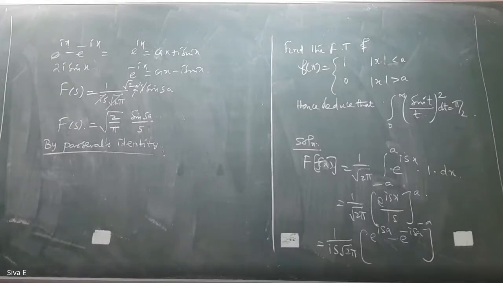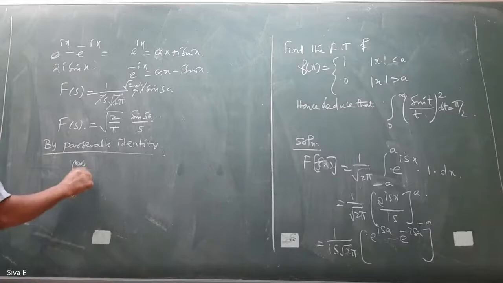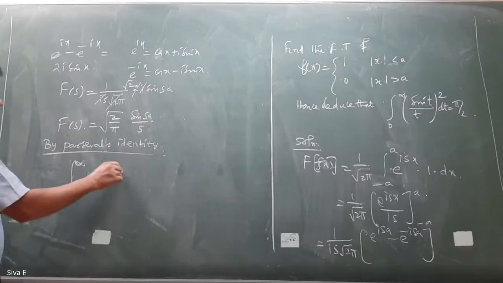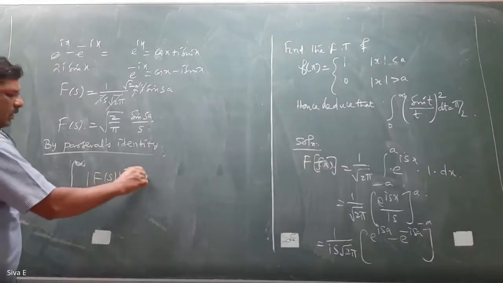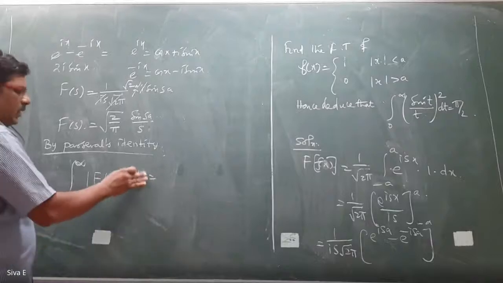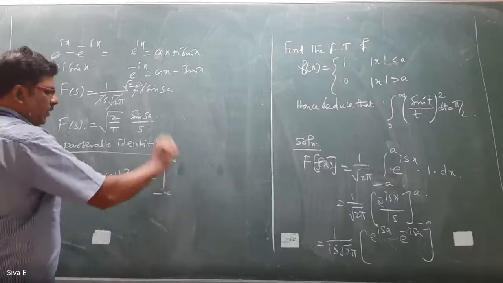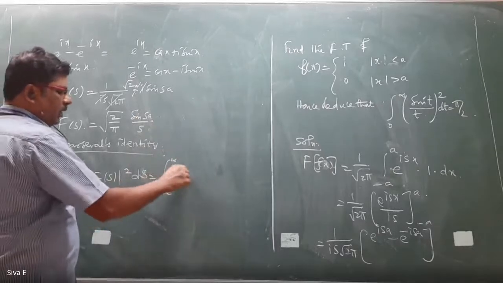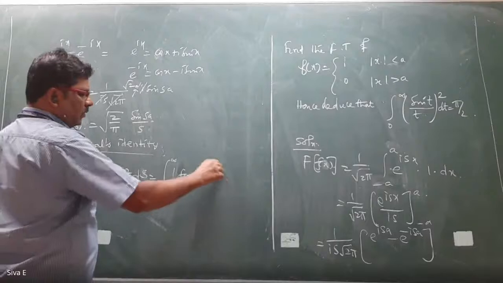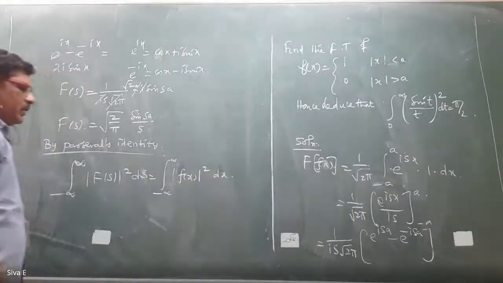Parseval's identity: the integral from minus infinity to plus infinity of mod f of s whole square ds equals the integral from minus infinity to plus infinity of mod f of x whole square dx.